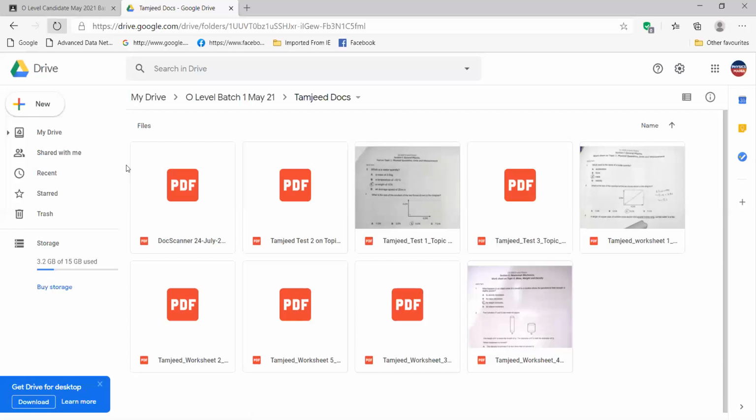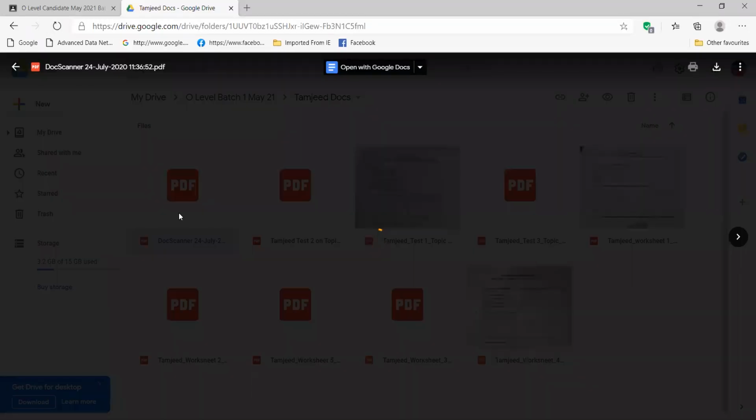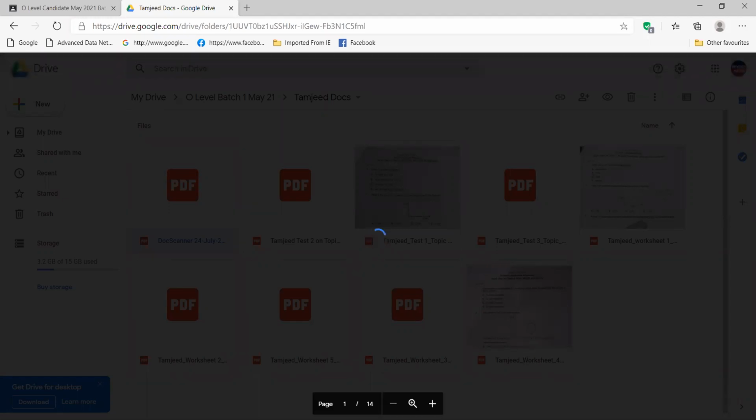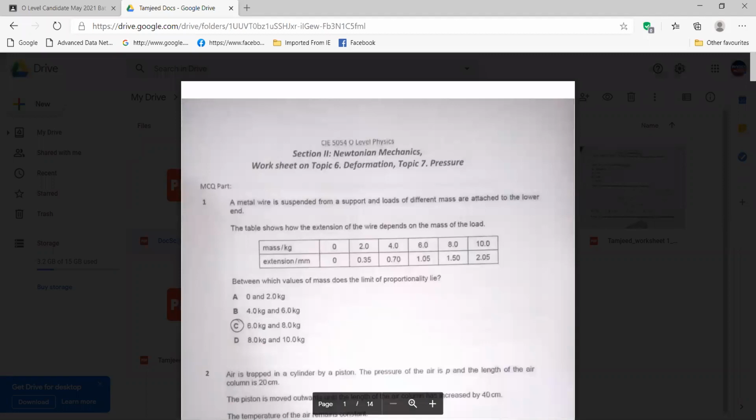No problem. Okay, so it was the worksheet you gave me on 24th. It's a big one, that's why it's taking time, right? Let me check the mark scheme.